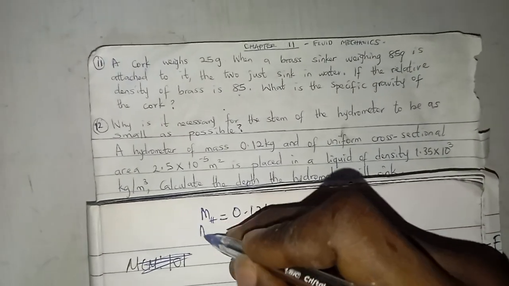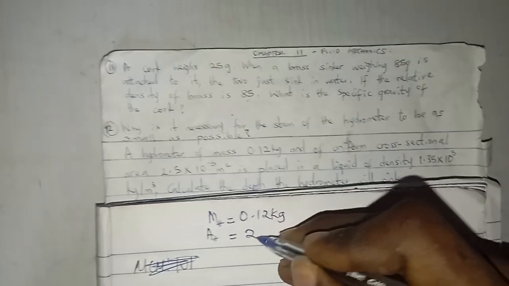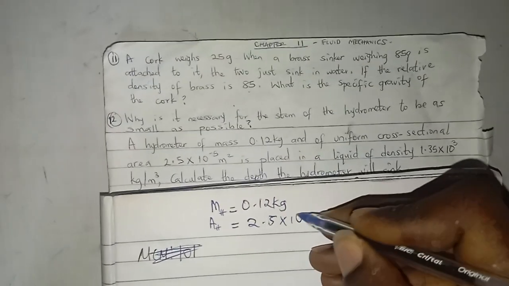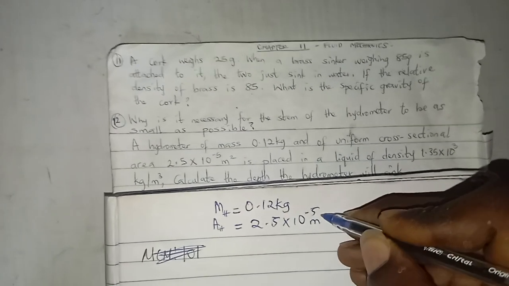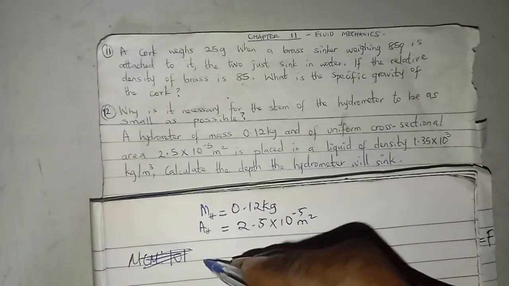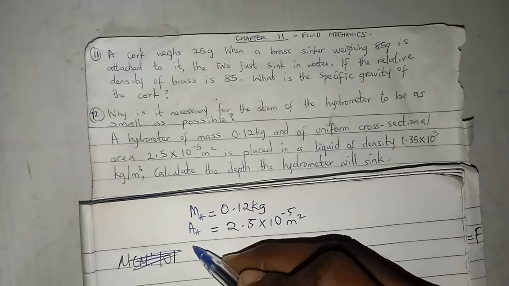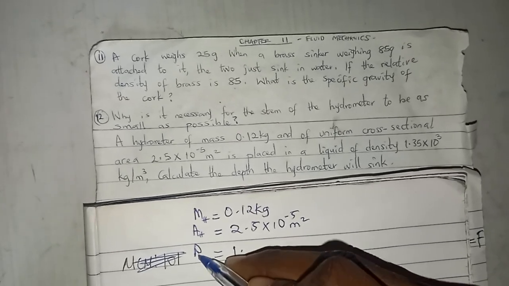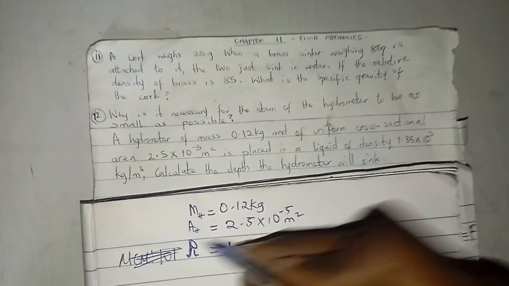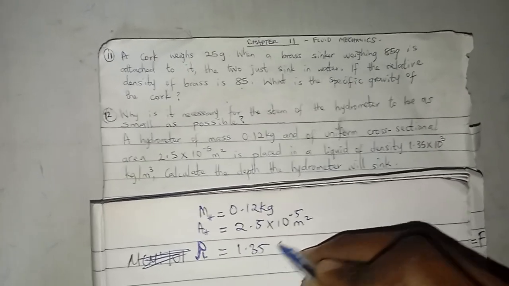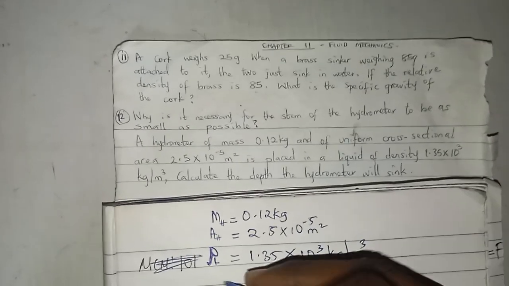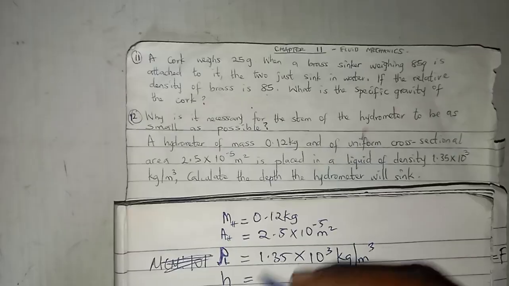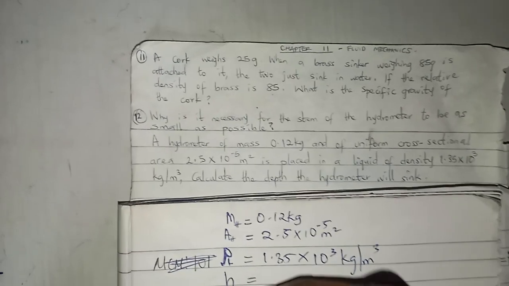The area of hydrometer is 2.5 times 10 raised to the power minus 5 meters square. Then in a liquid, this liquid has a density of 1.35 times 10 raised to the power 3 kilogram per meter cube. They're now asking us to find the h, the depth of the hydrometer.